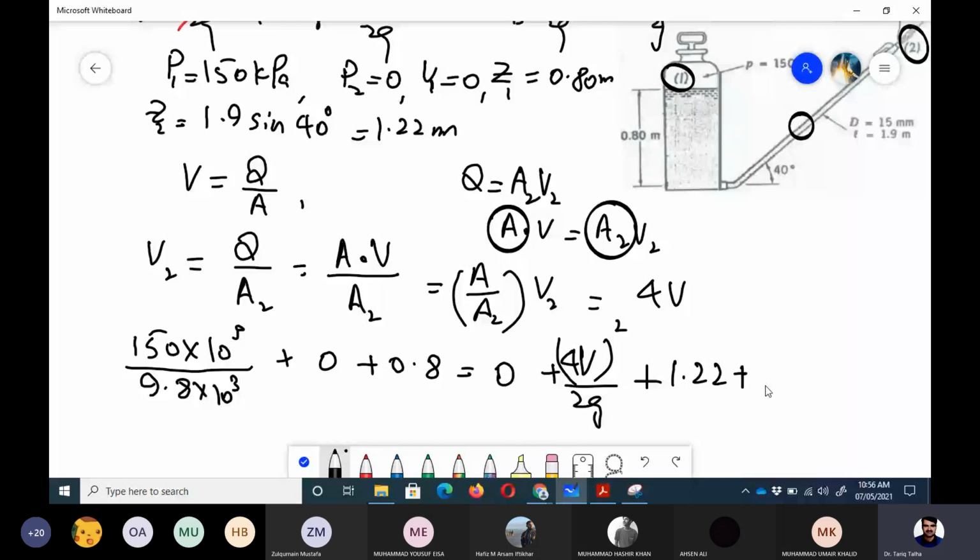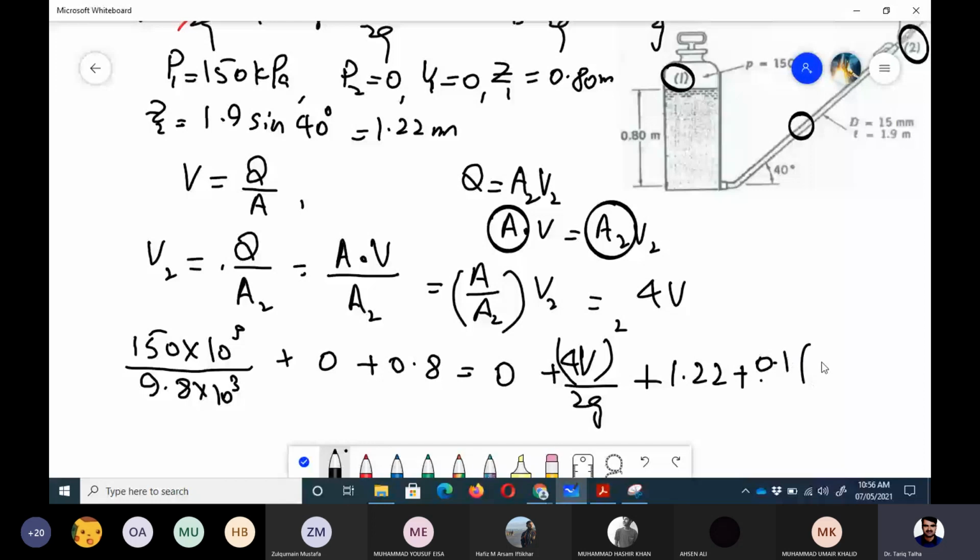The f value, that is the friction factor value, is 0.1 into the total length upon diameter.